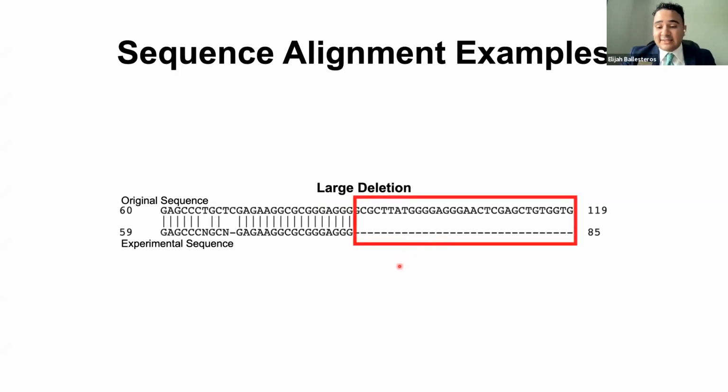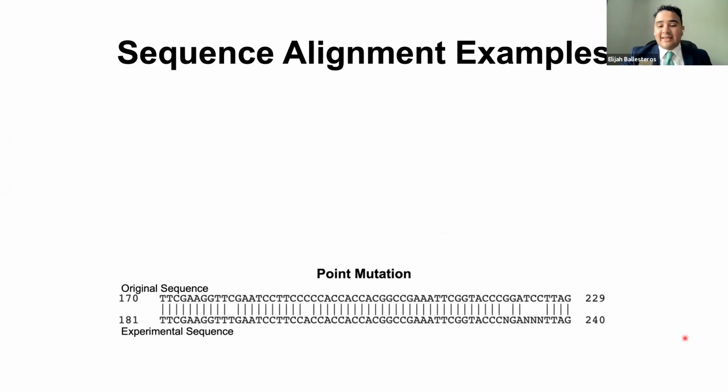Large deletions were defined as 20 to 300 base pairs missing. And last is an example of a point mutation where the C has now, my mouse is not clicking, is either a T or an A.